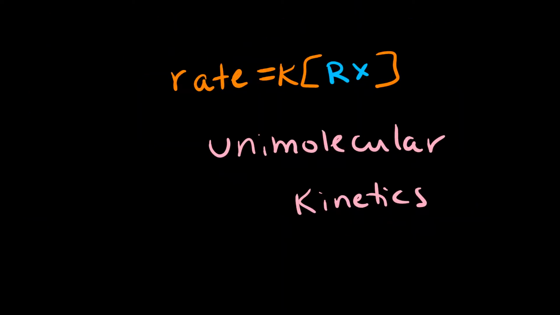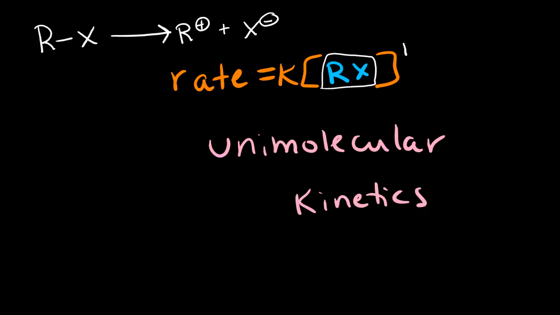What's not shown here is an exponent of just 1, because if you recall, the slow step of the reaction only depends upon one molecule of RX coming apart, essentially. This is a decomposition reaction. And so there's only one molecule of this in the rate law.